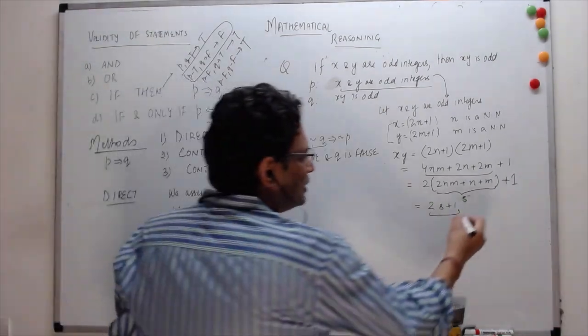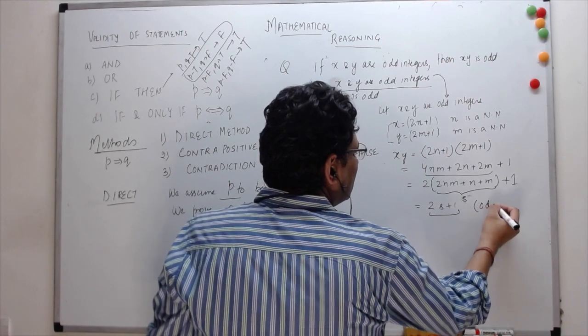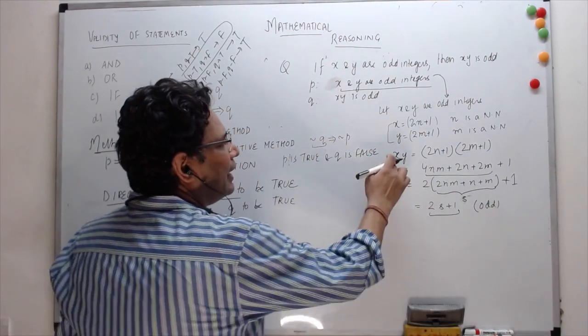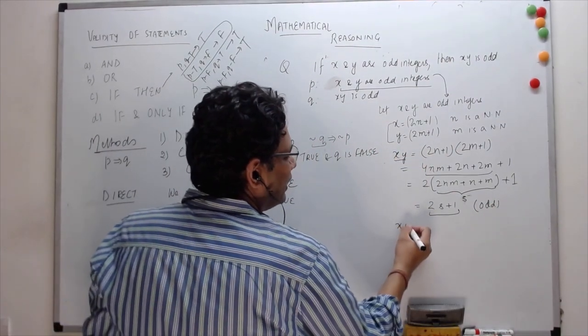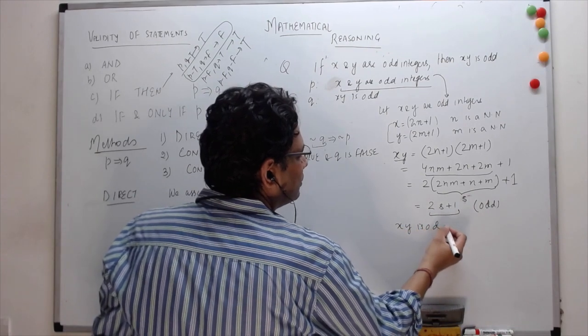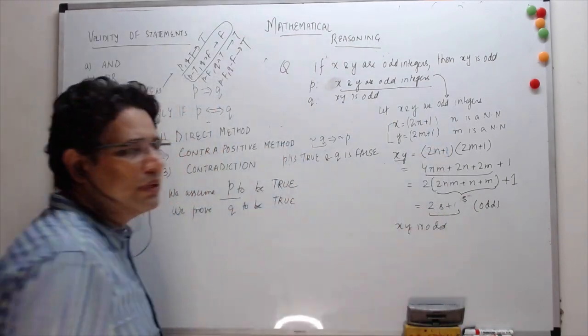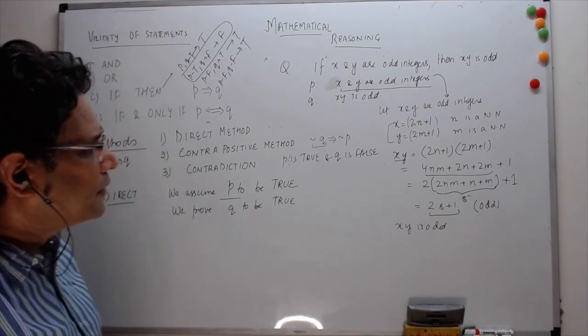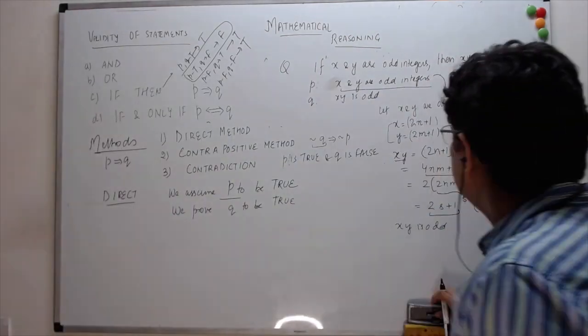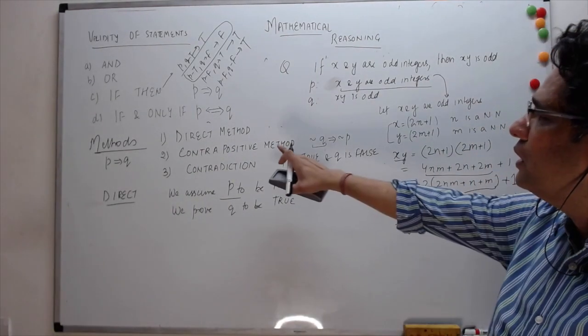So we have proved that xy is odd. This proof is an application of the direct method. So now we'll come to contrapositive.